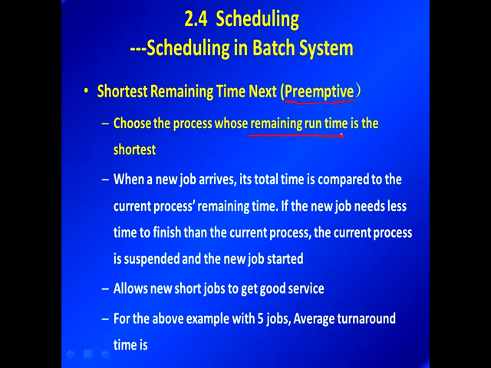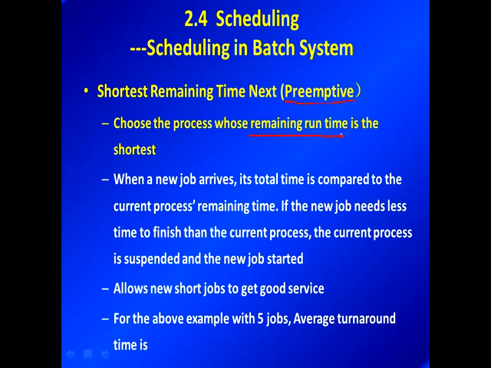Every time a new job arrives at the system, you have to run the scheduler to calculate the remaining runtime for each job on the waiting queue, including the remaining runtime for the current process in CPU, and compare them to choose the one with the shortest remaining runtime, and that one will be the next process to stay in CPU to run for a while.